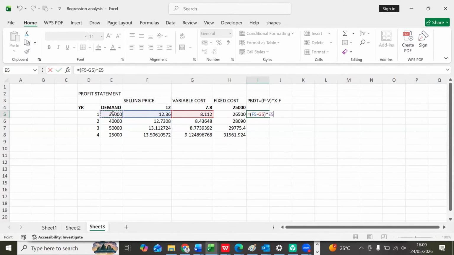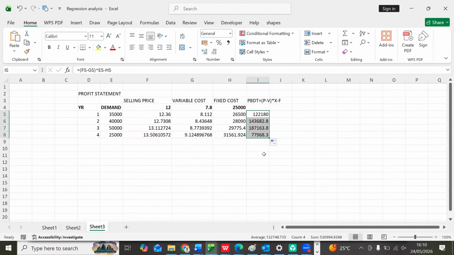And then you say minus the fixed cost for year one. Then you do it nicely, Control Enter. Once you get this, simply come here and hit the button, and then you'll be able to get your profits downwards, like that.